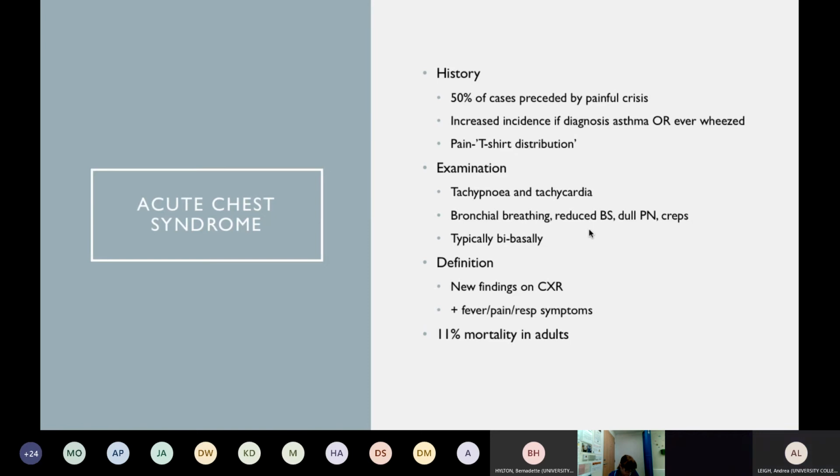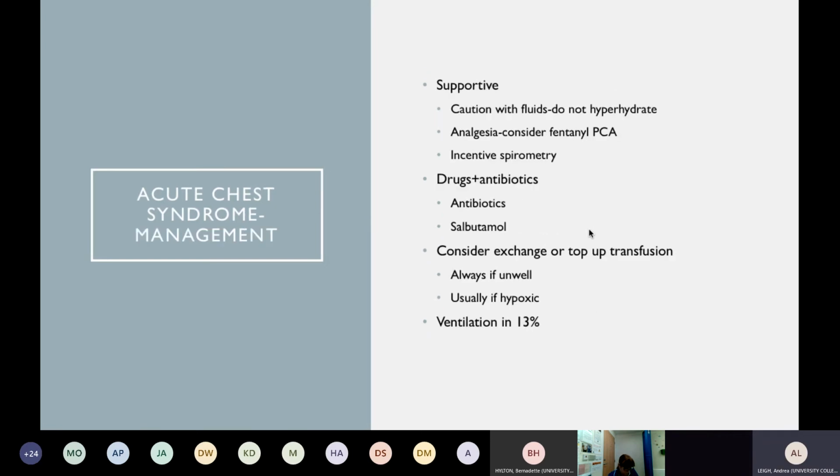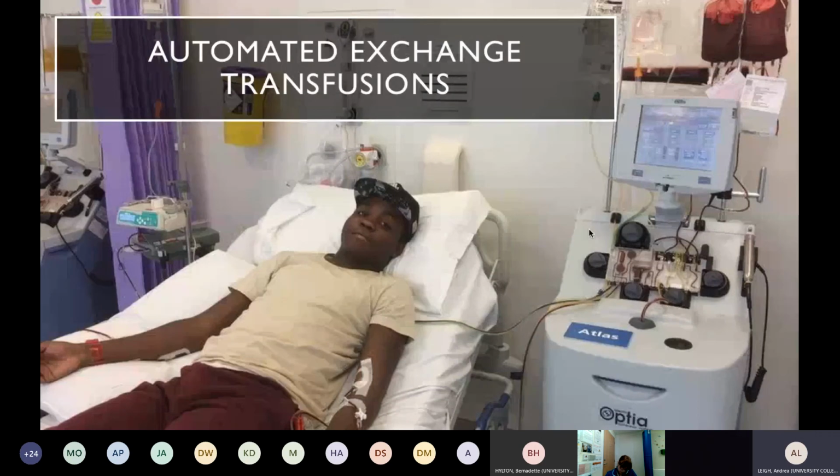So we talked a bit about acute chest syndrome with Bernard. It's similar, actually, in children to adults. And as you're probably all aware, one of the definitive treatments is transfusion, either top up or exchange.